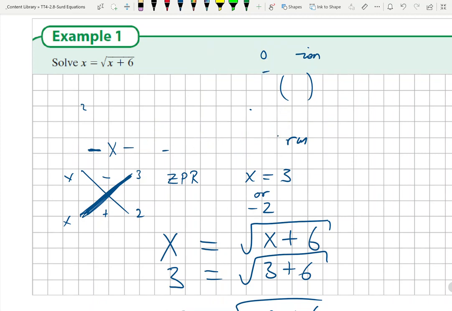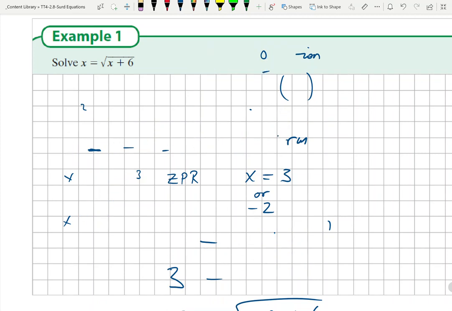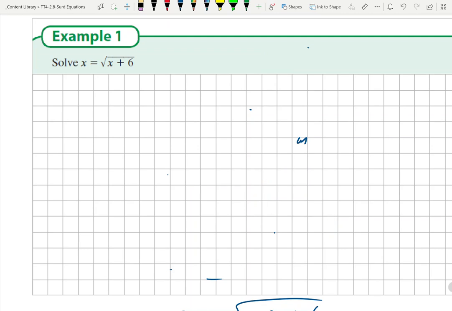Okay, let's go do this again. Solve x equals square root of x plus 6. To remove the radical symbol we'll square both sides.